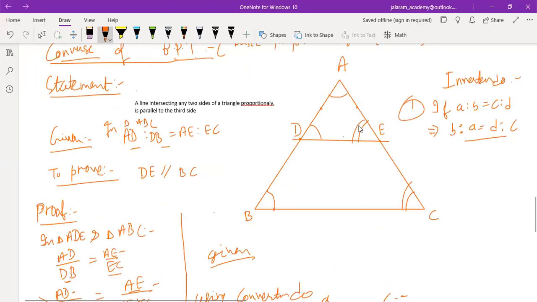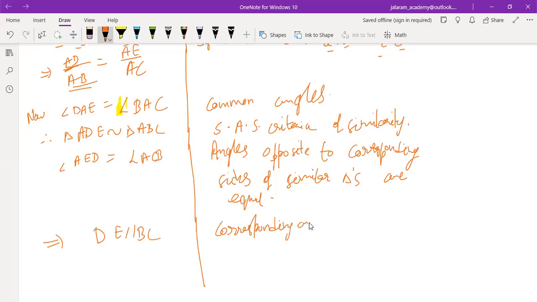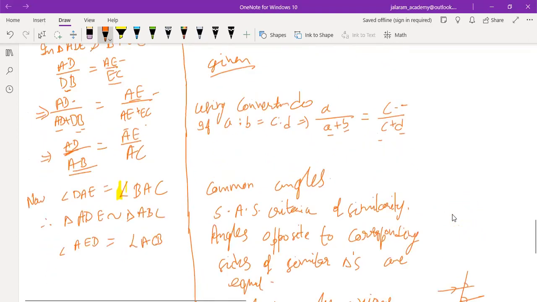So if angle AED equals angle ACB, with respect to DE and BC, these are the corresponding angles. If the corresponding angles are equal, then the lines are parallel. So DE is parallel to BC by using the corresponding angles axiom. We all know that if corresponding angles like this are equal, then these two lines are parallel.